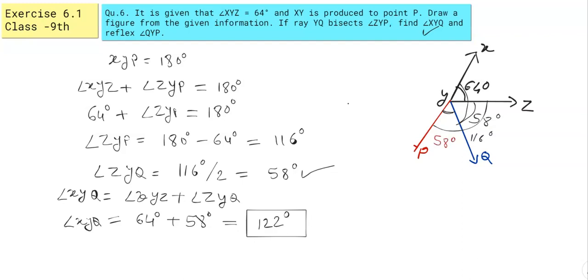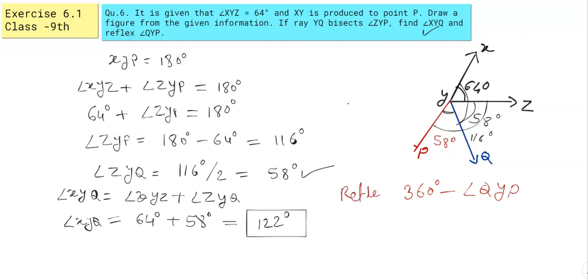Now the reflex angle. A reflex angle is 360 degrees minus the particular angle. The particular angle we are given here is angle QYP, and we have to find its reflex angle.